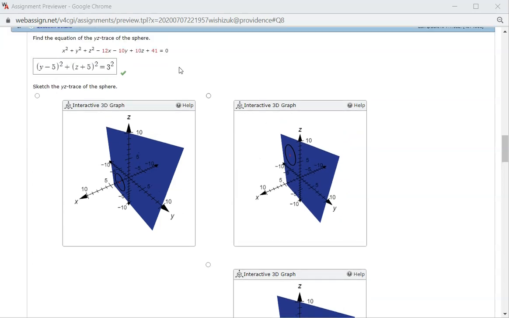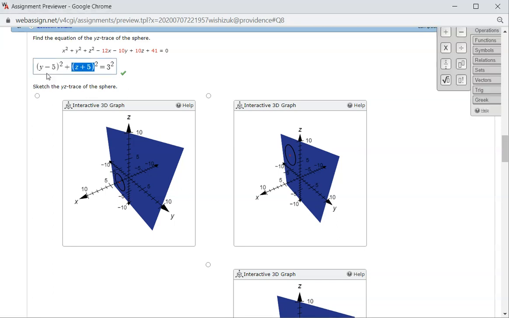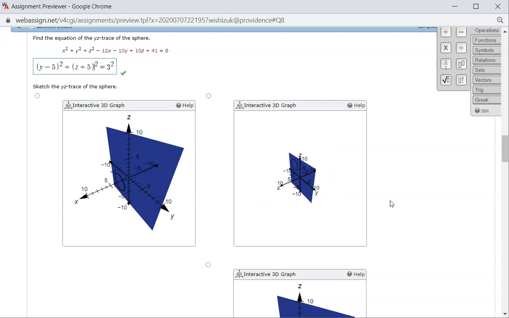Then look at the center of the circle. This is going to be a circle on the YZ plane, and the location of the center would be positive 5, comma, negative 5. So y is positive 5, which eliminates this one and this one.